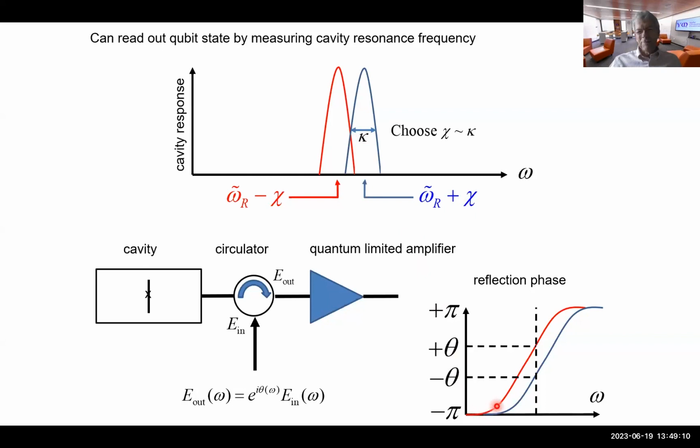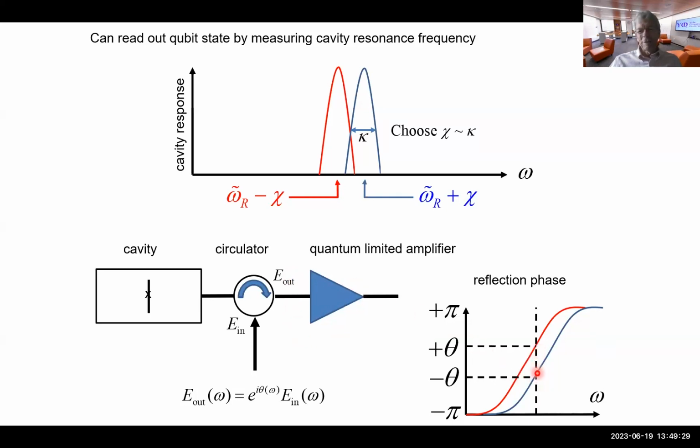And because their phase shifts very rapidly as a function of frequency, and because they have two slightly different resonance frequencies, you get very different phase shifts for the outcoming electric field relative to the incoming.